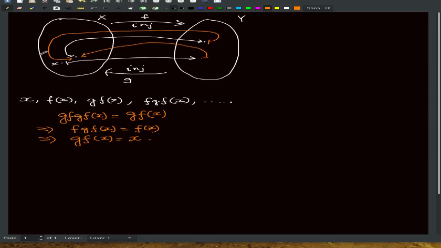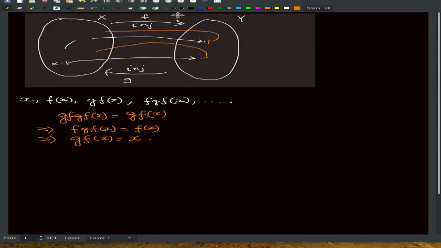So this whole procedure tells me that there are two kinds of points. Let me redraw it. There are two kinds of schemes.